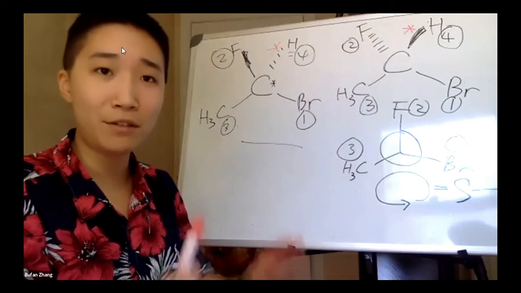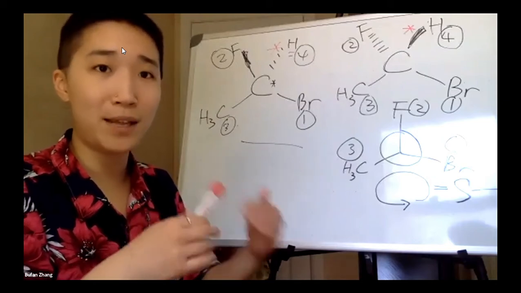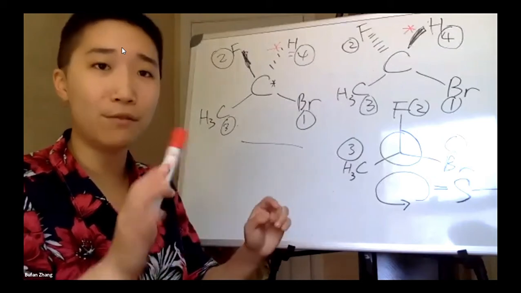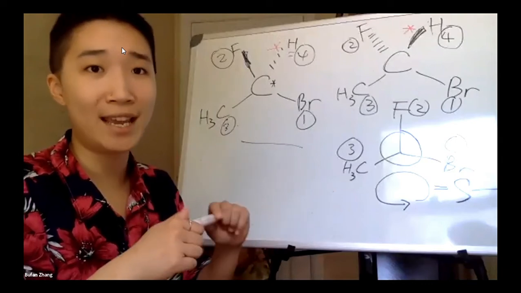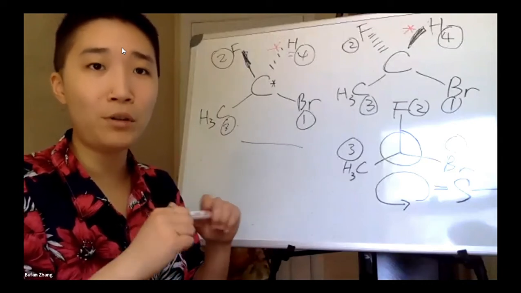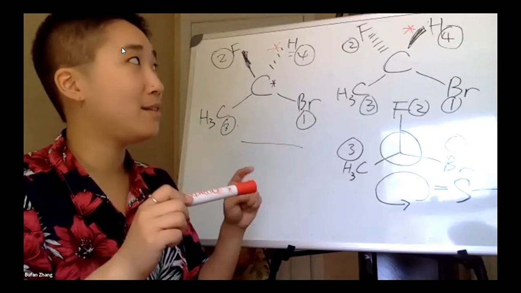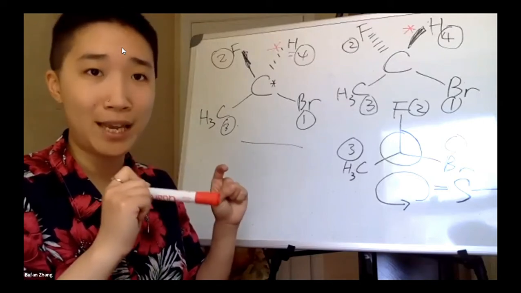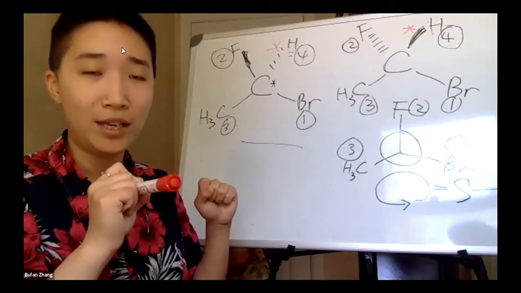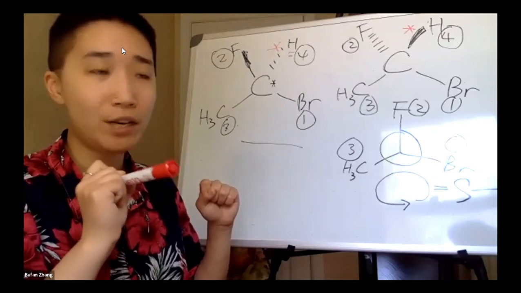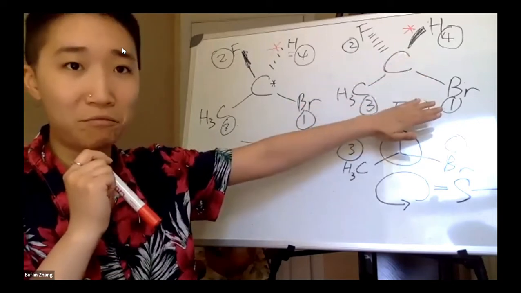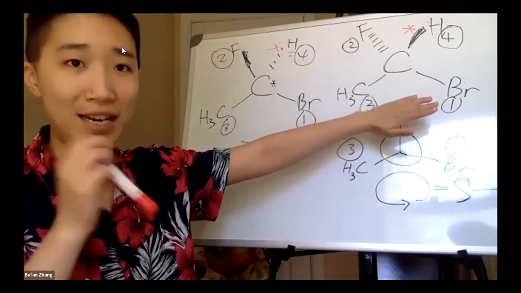You assign the absolute configuration based on the method that we just learned, and then you flip the absolute configuration in the end. It only works when your lowest ranking group is pointing directly at you. If you have your lowest ranking group in the plane of the board, you cannot do that. You must rotate it in your head.